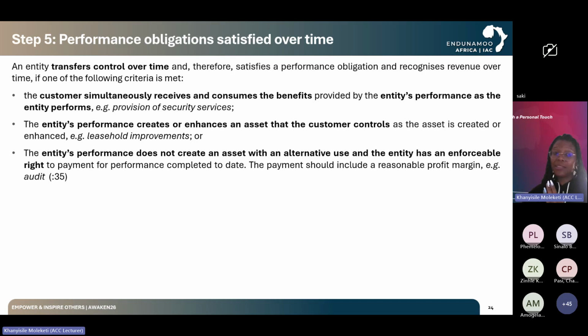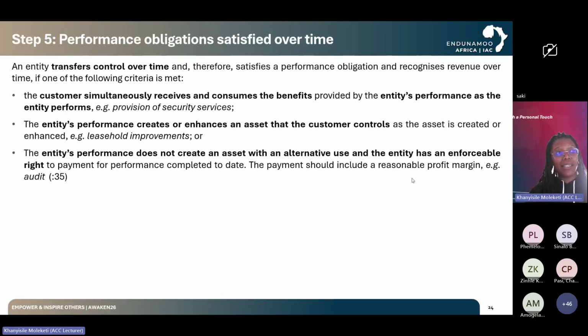If this client was to cancel this contract, you've got no business, you've got nothing to do with this machine. Like there's nothing else you can do. It was made for them to their specification. It's very specialized. It's for them, right? So you as an entity have no alternative use for this asset. So that meets part one. Your performance creates an asset where you don't have an alternative use.